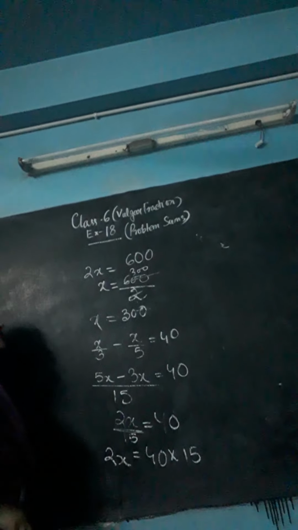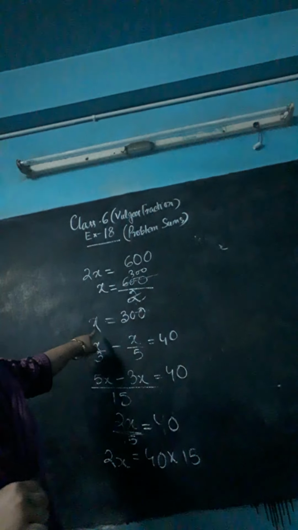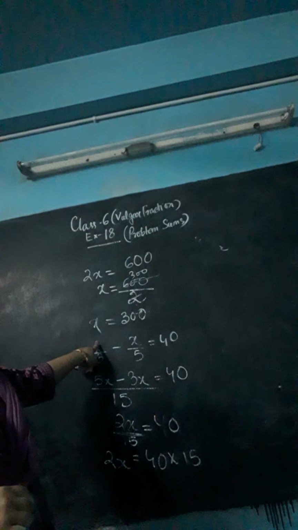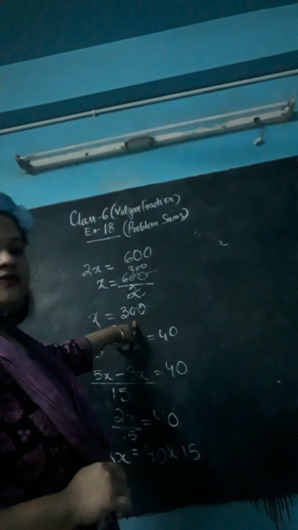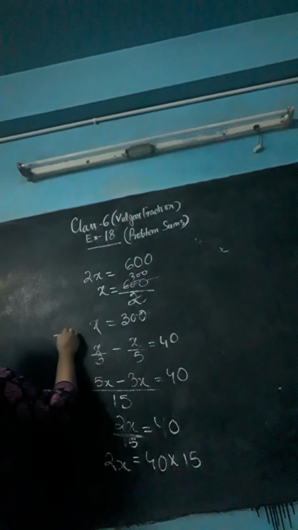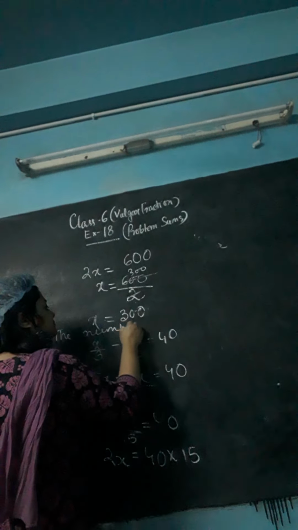So x, the unknown value, is 300. x is the number that we have taken, the number which the question requires you to find. So we have found the number, which is 300. So what is the answer? The number is 300.